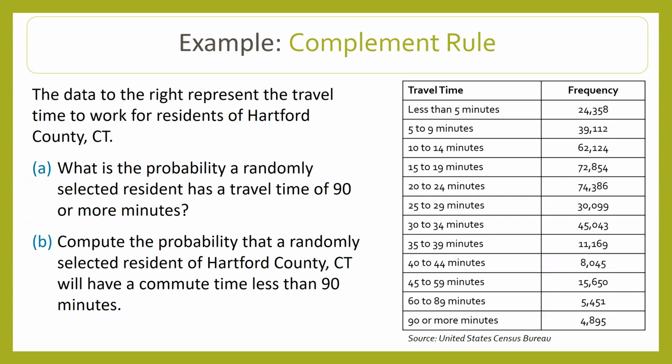Great, so let's start with the first one first, okay? Remember that first you need to know the total of all the residents. If you add this together, you get 393,186. That will be the total resident population.